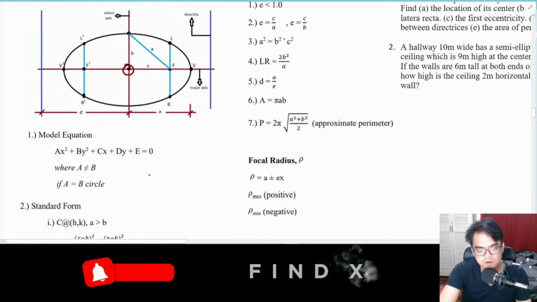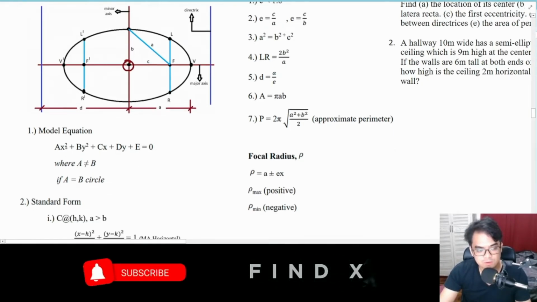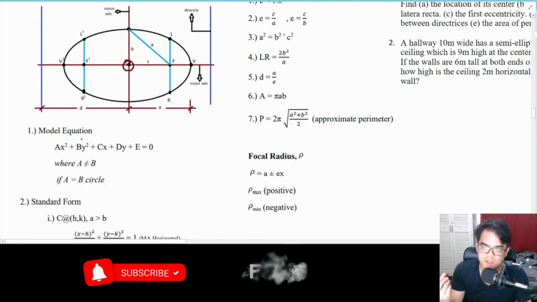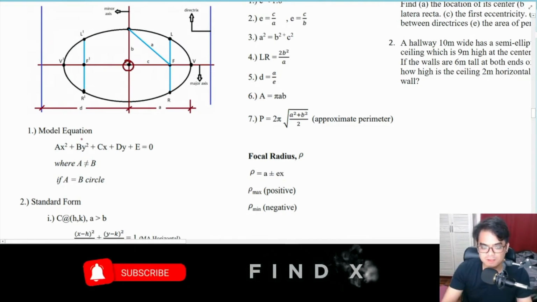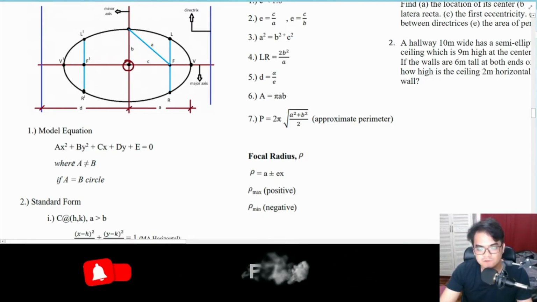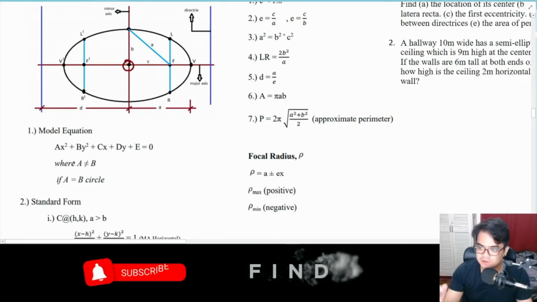Okay? And their model equation will be now ax squared plus by squared. As I said earlier, the circle has the same coefficients for x squared and y squared. But now, the coefficients of x squared and y squared are different. Okay? They are not equal. Therefore, if they're equal, it is a circle. But if it's not equal, then it is an ellipse.